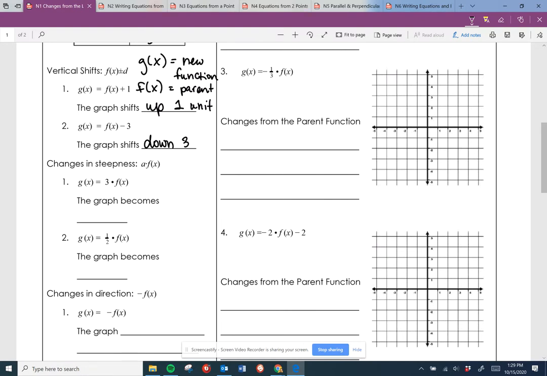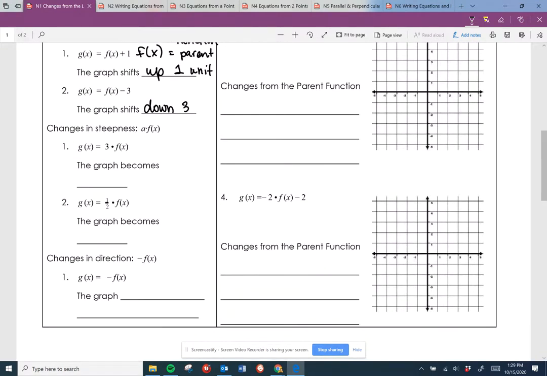All right, if you see something that's being multiplied, then that is going to change the steepness or the slope of the graph. Okay, so if it's 3 times the parent function, our new slope is going to be 3. We can say that our new graph is going to increase by a factor of 3. Okay, and then here we see 1/2.